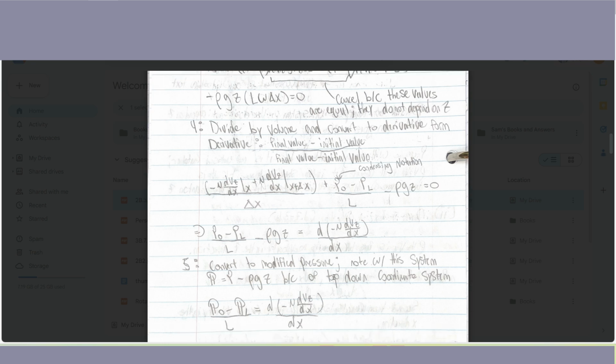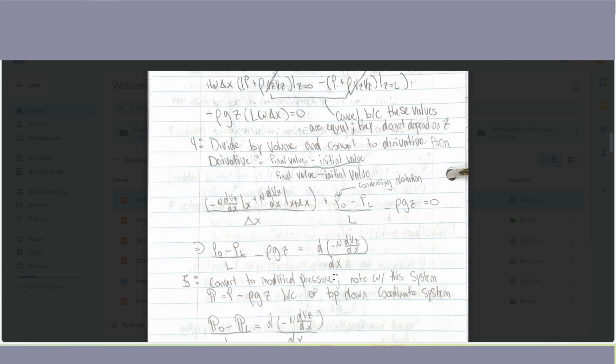All right, and then you convert it to a derivative. When you do a derivative, basically the sign flips. In the momentum balance itself, it's in minus out equals 0, or in minus out plus gravity equals 0. But for a derivative, it's out minus in divided by the differential length. It's final value minus initial value over final length minus initial length.